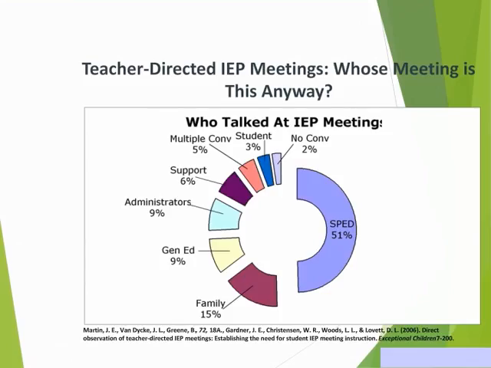So if we look at the chart here on this screen, it shows that the special ed teacher talked 51% of the IEP meeting. This doesn't come as surprising information for many of you.